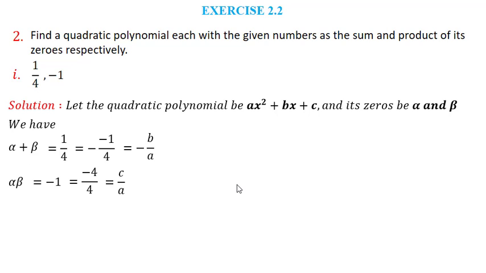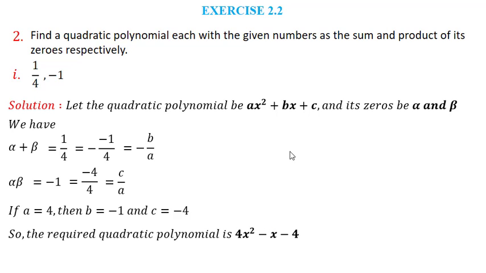Now if I take a equal to 4, then the value of b will become minus 1 and the value of c will become minus 4, and hence my quadratic polynomial is 4x square minus x minus 4. I hope you understand how to proceed with this kind of problem.